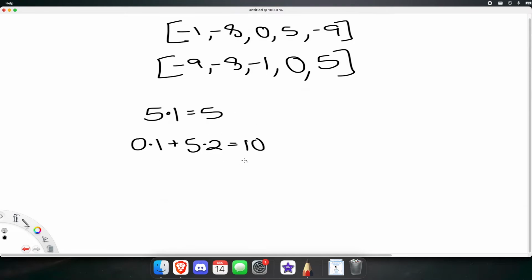But the numbers that we used to get this was 0 plus 5. And that's just 5. So for every negative number we're going to add, we need to make sure that the addition of that negative number will be less than 5, because we want some positive outcome.